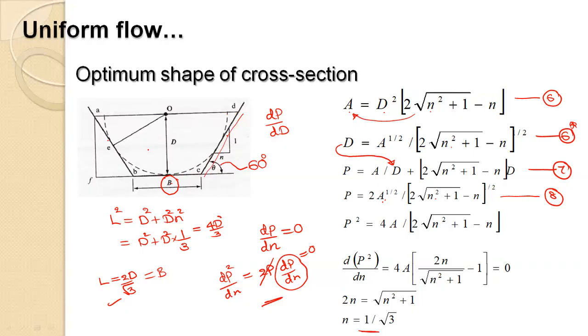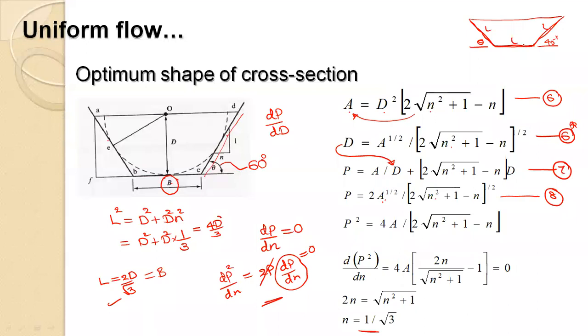So remember that if you are looking at a trapezoidal section, the optimum section is given by half of a hexagon. Now these lengths can be the same without making this angle 60 degrees. That is also possible, and then this can be 45, and then still you can have this L, this L, and this L, but it's not half of a hexagon.